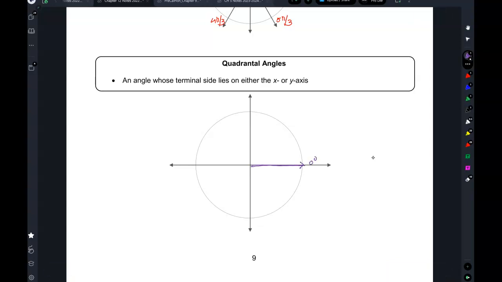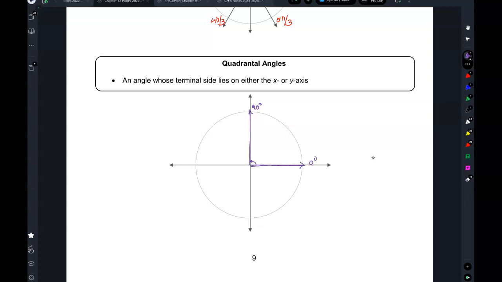Now, if I wanted to draw a 90-degree angle, the terminal side lies on the y-axis, so that would be 90 degrees.